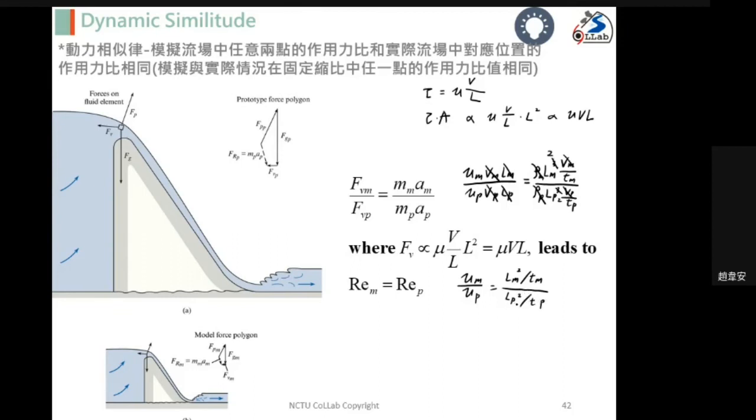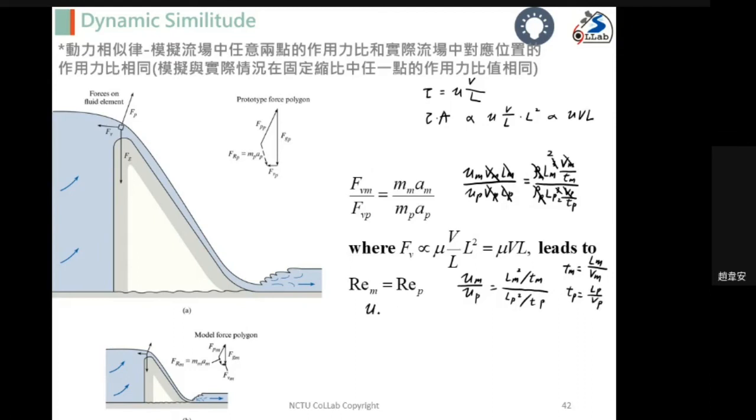So we just move the parameters. You just put the Lp squared. We know that Tm is equal to Lm divided by Vm, and Tp is equal to Lp divided by Vp.